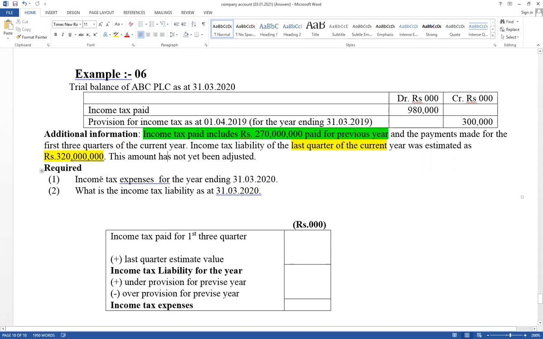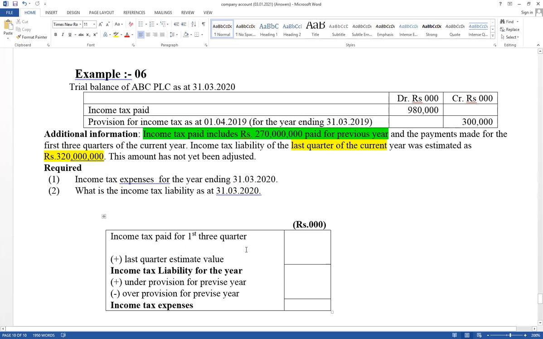Right, they are the same requirement. Income tax expense for the year and income tax liability as at 31st March. 2018, 19, 20, the last 3 papers in the A-level paper have given it like that. Total paid amount is given. It includes 270,000 paid for previous year.